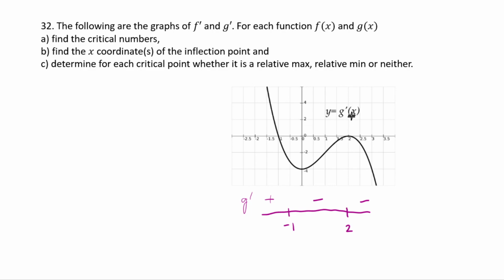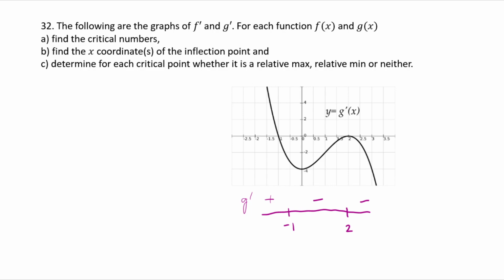You have to be very careful here. The graph itself is G prime, so you're not looking at the slope when you're asked what G prime is. You're just thinking about when G prime is above the x-axis or below the x-axis. Okay? And only when we talk about g double prime, we talk about whether it's increasing or decreasing.